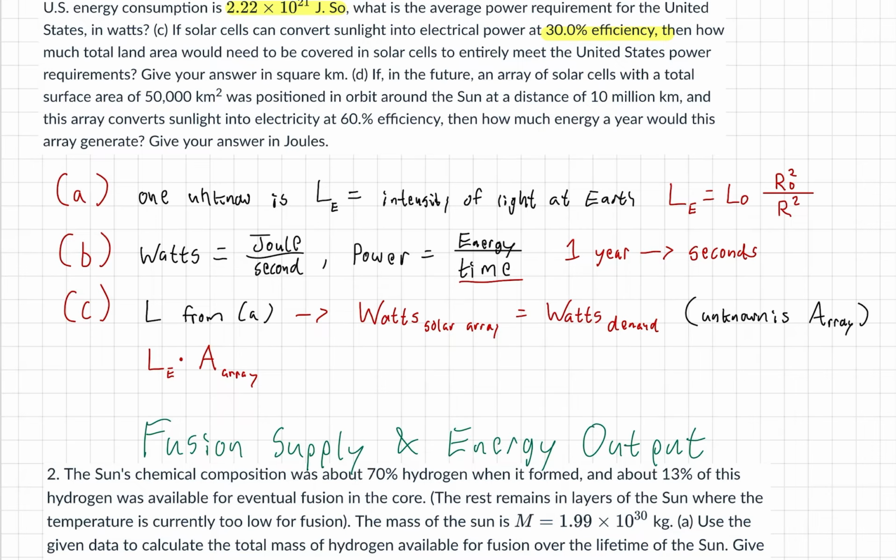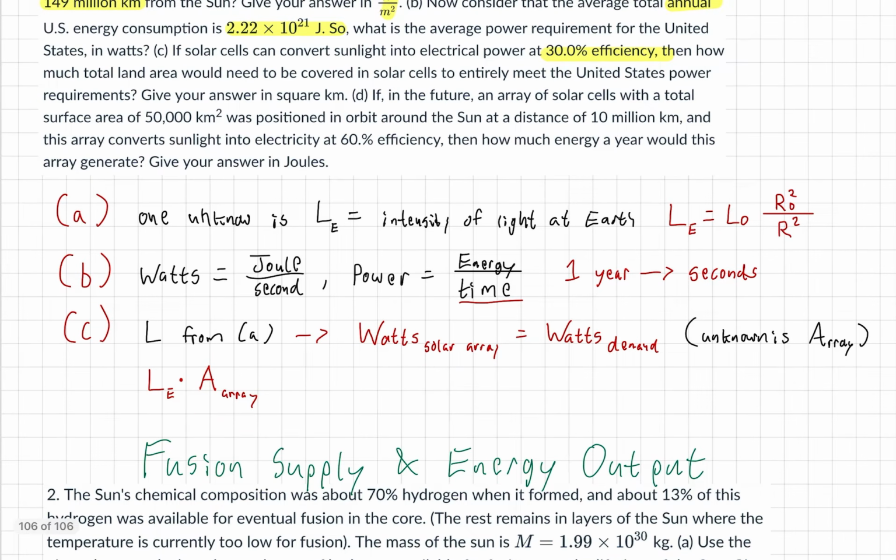Now, in this case, it's going to give it to you in square meters, because right now your luminosity is going to be in base units. Everything else is going to be in base units as well, including the wattage that you saw from B. Because as I write this equal sign, this value right here, wattage of US demand, is exactly your answer from part B. So you're taking answers from A and B.